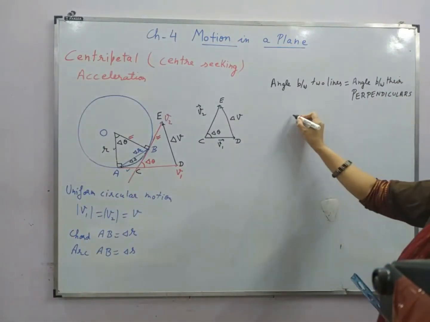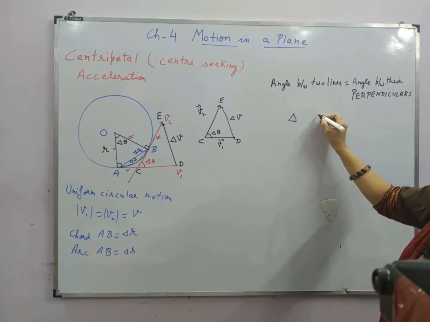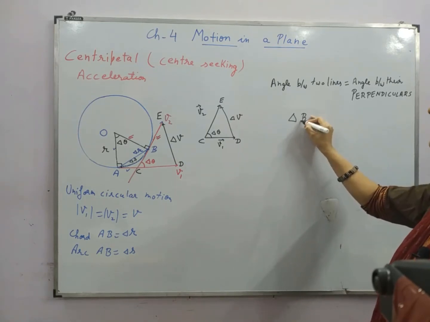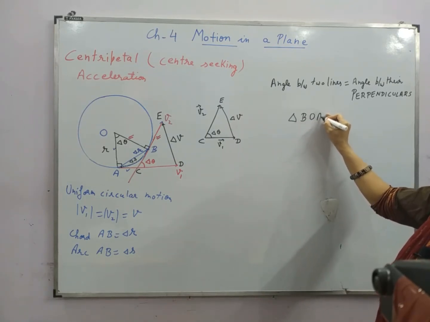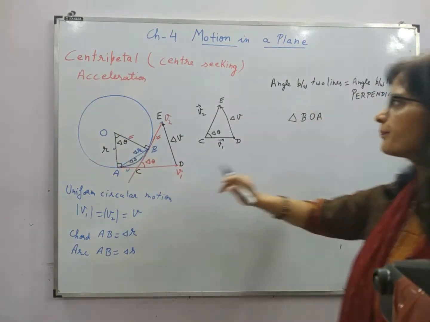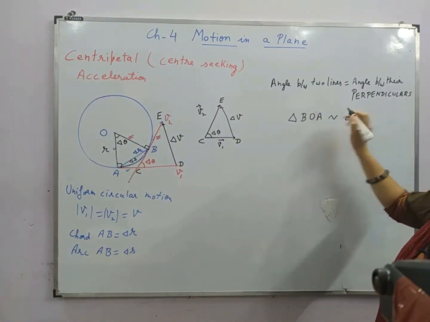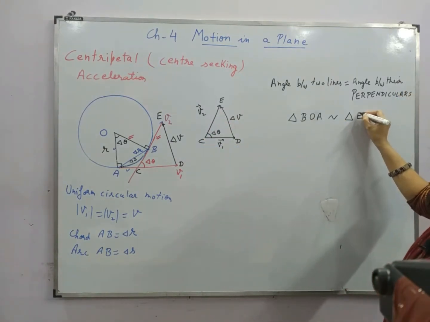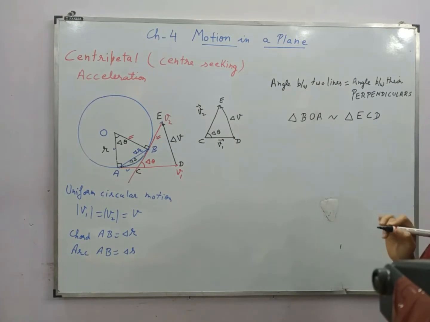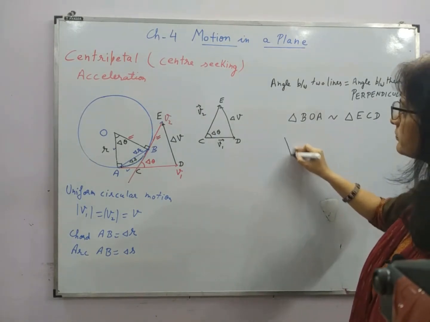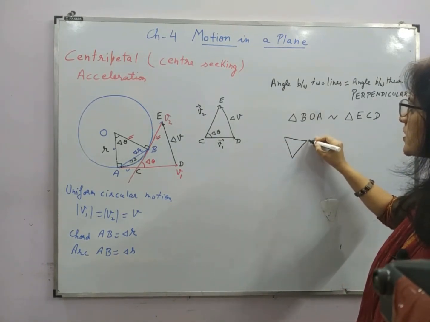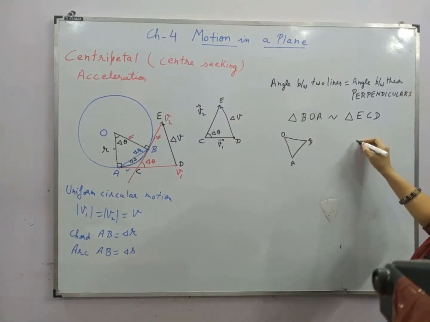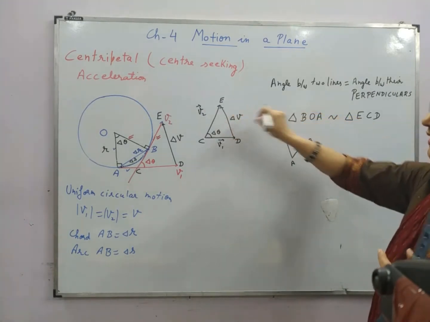I can write that triangle BOA is similar to triangle ECD. Why so? Look at this BOA. This is B, this is A, this is O, and suppose I'm just rotating it like this.